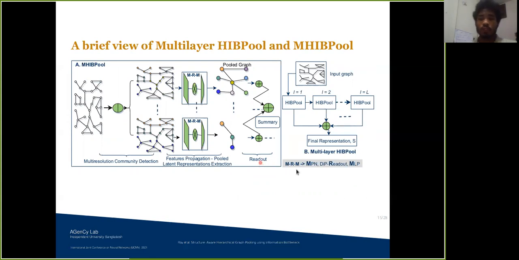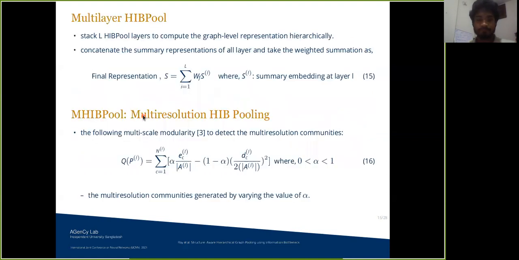In multi-layer HIBPool, we stack multiple HIBPool pooling layers together to compute graph representation in a hierarchical manner. In MHIBPool, we compute multi-resolution communities, and then we apply multi-layer HIBPool on them.